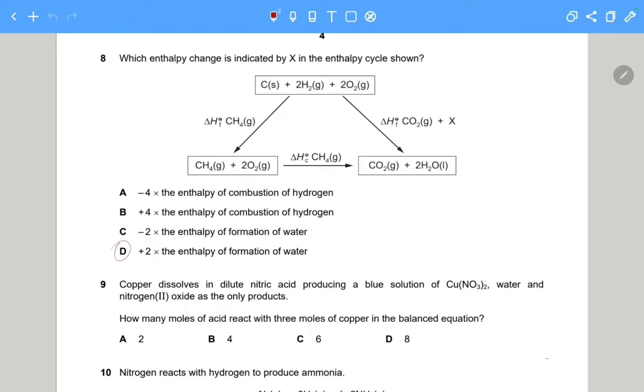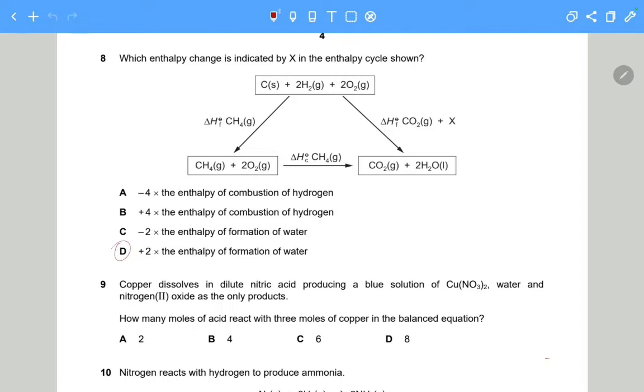So minus 4 into the enthalpy of combustion of hydrogen. Remember, the enthalpy of combustion of hydrogen will be burning 1 mole of hydrogen gas to give the combustion products, and therefore it cannot be minus 4.